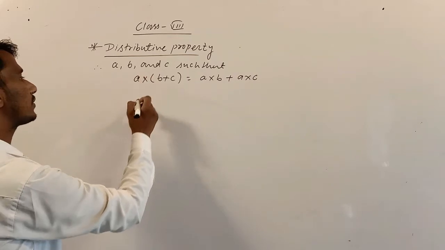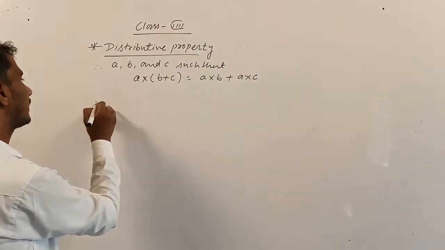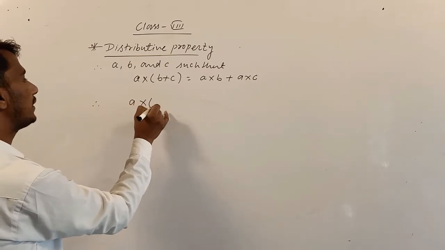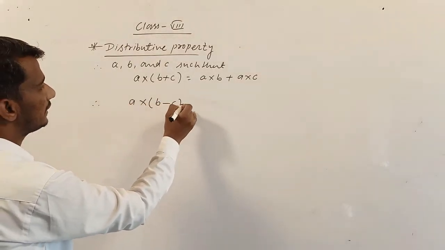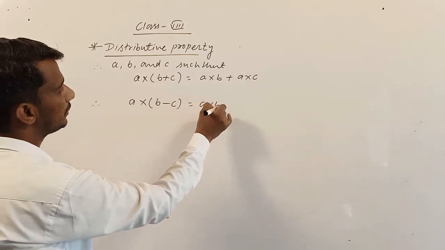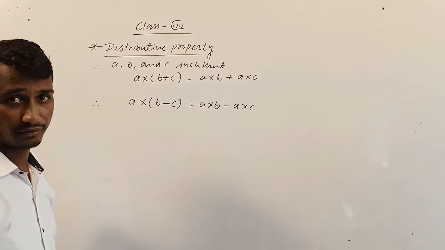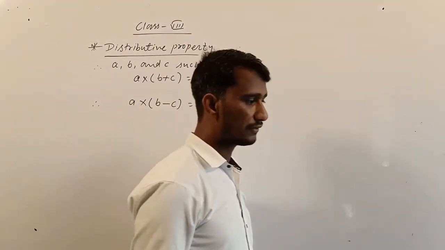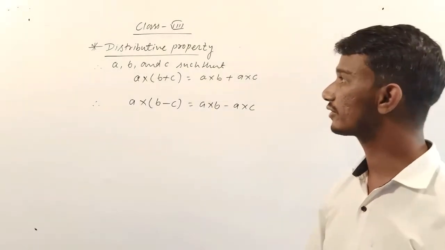It is also true for subtraction, the same process: A into (B minus C) equals A into B minus A into C. First we will check for rational numbers, and you can check at home for whole numbers and integers.